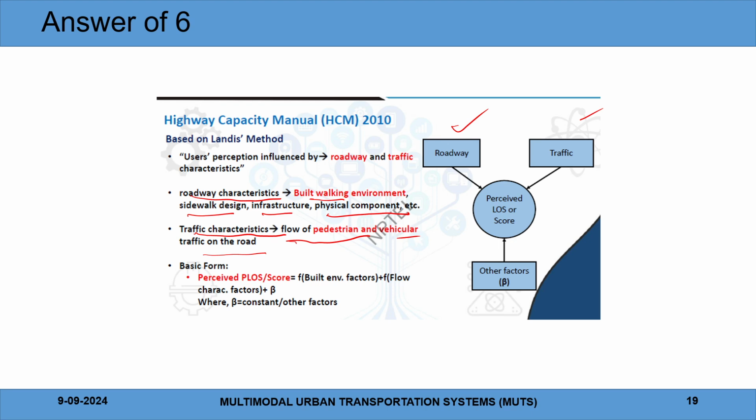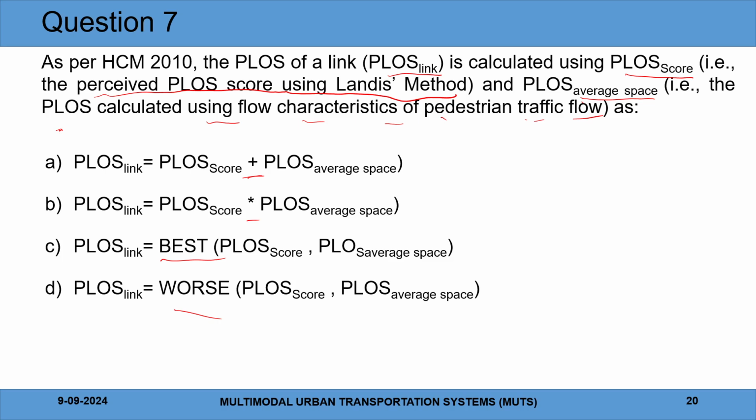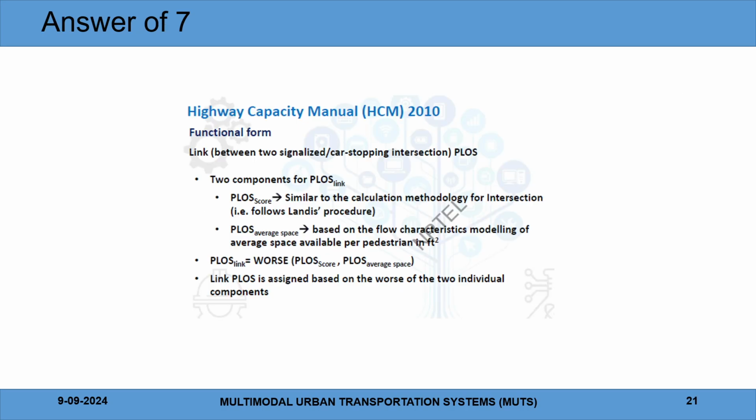So we have discussed that in developing PLOS, roadway characteristics as well as traffic characteristics are considered. So for PLOS score, these roadway characteristics are intersections. These things are considered, and for traffic characteristics like pedestrian flow or vehicular flow, this PLOS average score is considered.